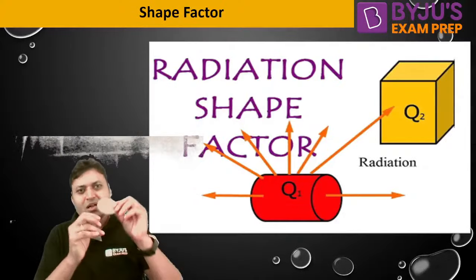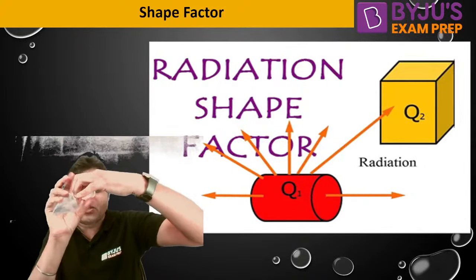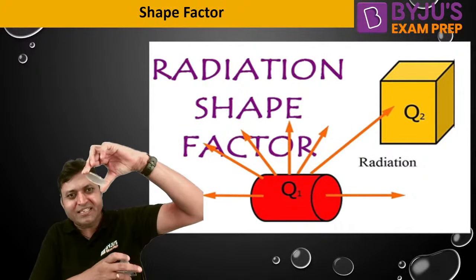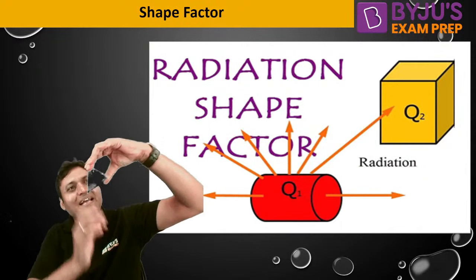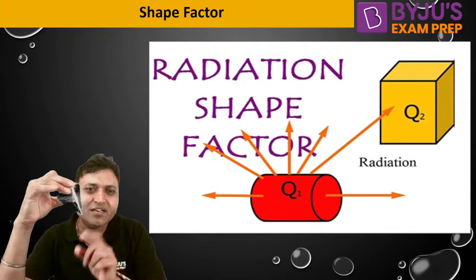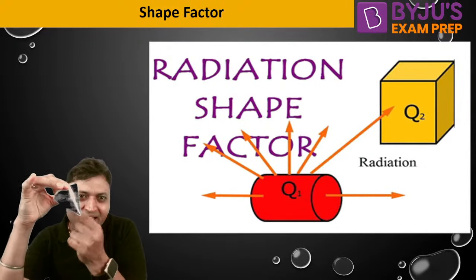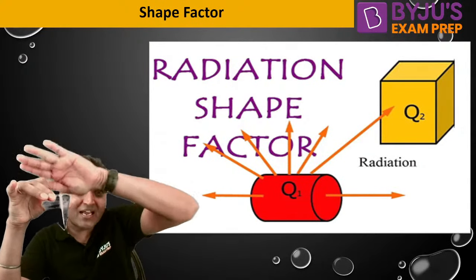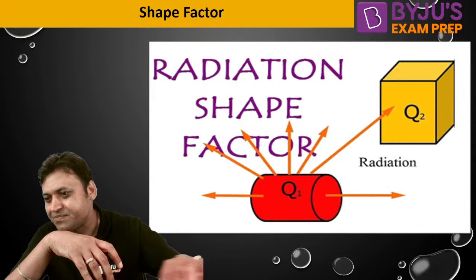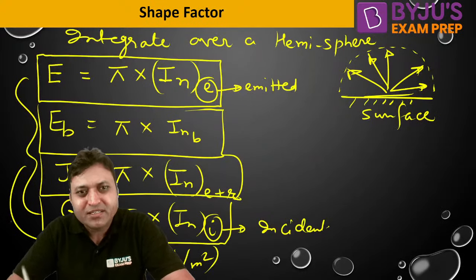Let us say this is the slice of watermelon, and this is area A. The angle made by this area A at the center of the watermelon is called the solid angle. The cone angle, this is called the solid angle. And for a hemispherical region, the total solid angle will be pi. That is how the unit is.